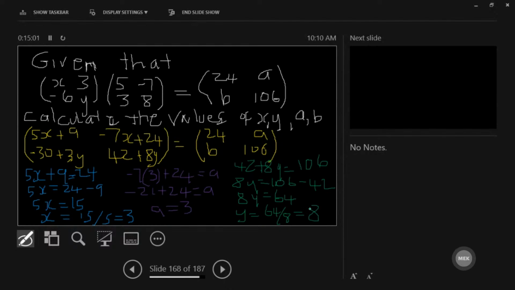So we have found 3 of the variables so far. Since y is equal to 8, we can find b. This is equal to b. So we can find b now, substituting 8 where y is. So we have negative 30 plus 3y is equal to b.